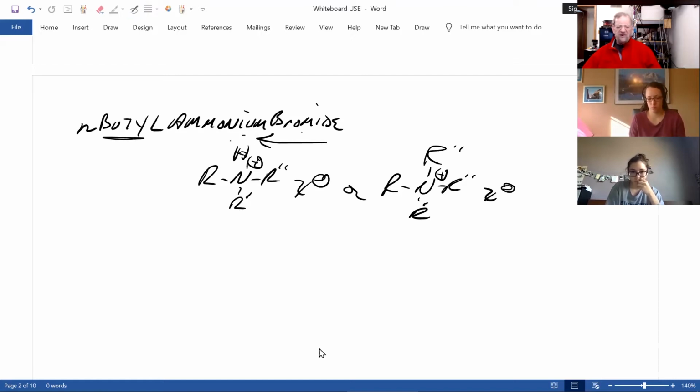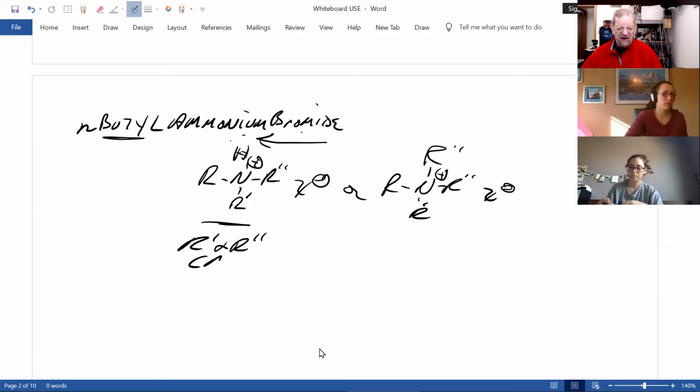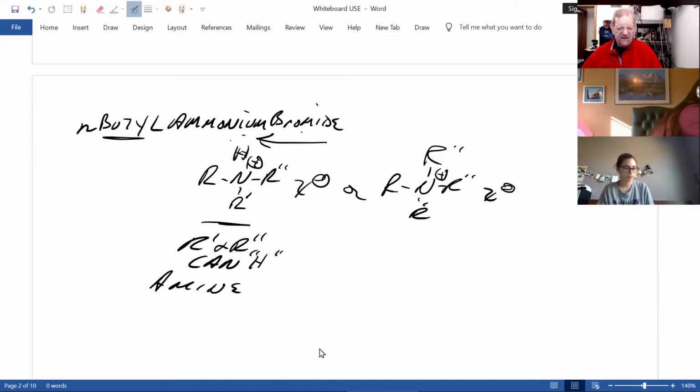Well, count the alkyl groups. Amine salts, remember, R prime and R double prime can be hydrogen. For a quaternary ammonium salt, nope, R prime, R double prime, and R triple prime have to be all alkyl groups.